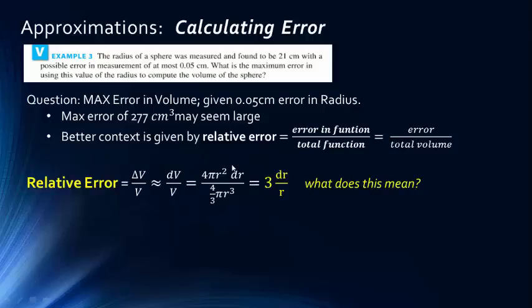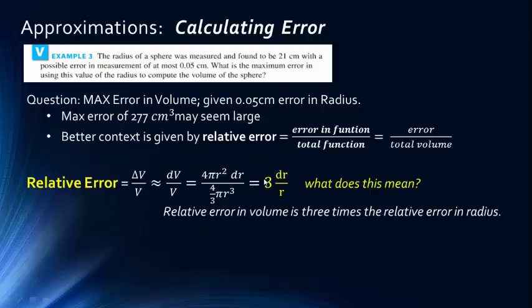We can reduce this, and if we reduce this, all we have left is 3 times the quantity of dr over r. Now what does this mean? It means the relative error in volume is 3 times the relative error in radius. And you can see that big 3 out there.